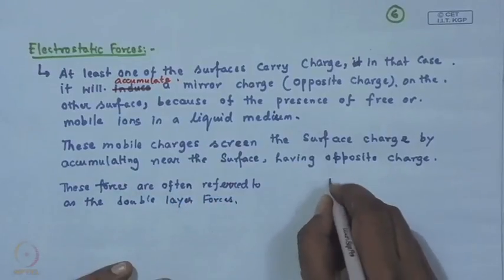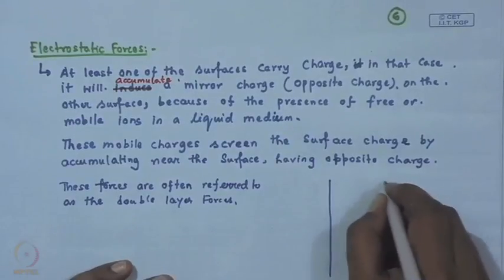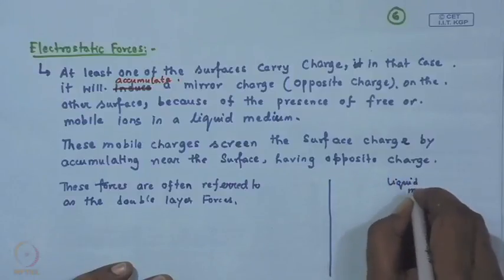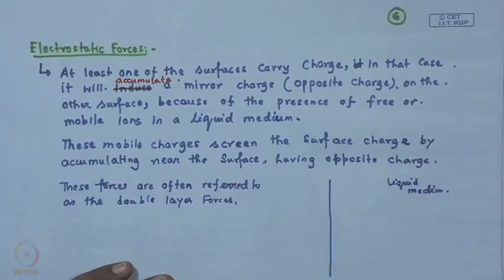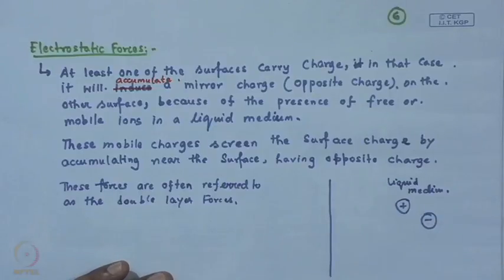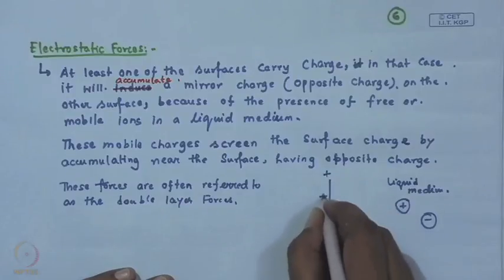So, what happens is, let us say you have a surface which is in contact with a liquid medium which has free ions. So, both positive and negative ions are there. Let us say the surface is positively charged.